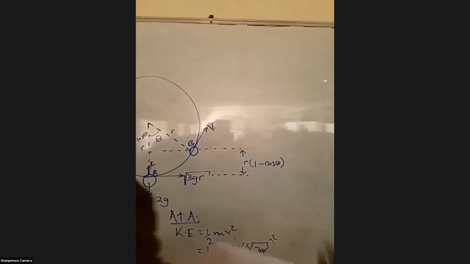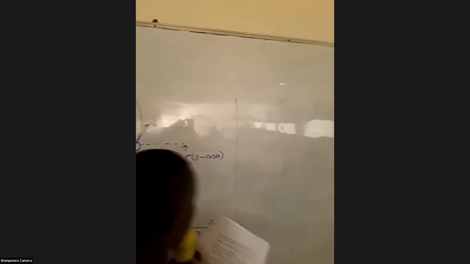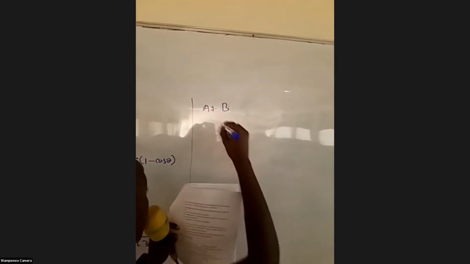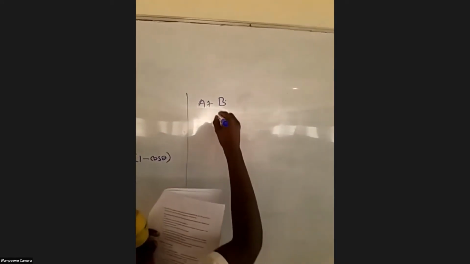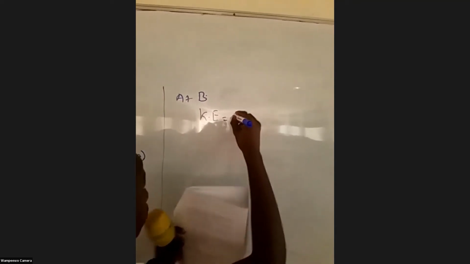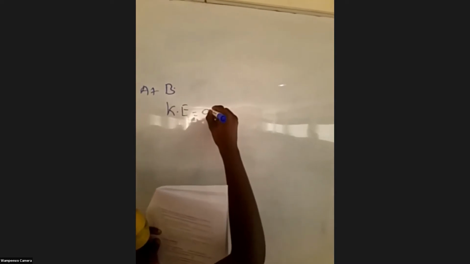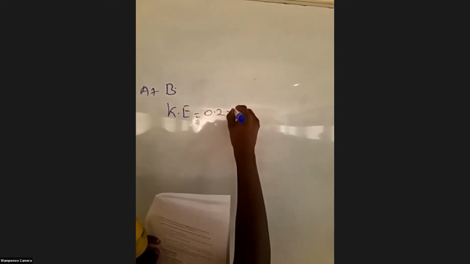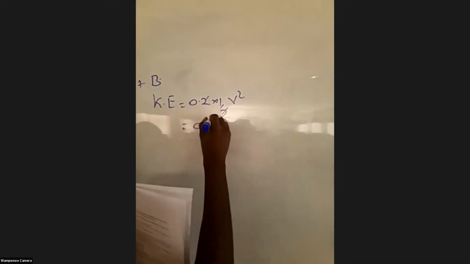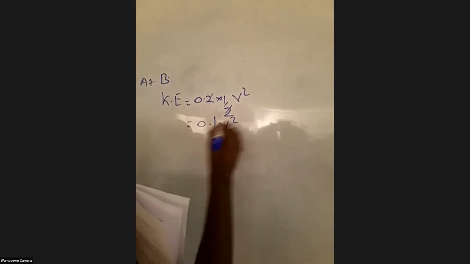So consider B. At B, it has attained a velocity v, so its kinetic energy is given by 0.2 times half v squared, so this is 0.1 v squared.